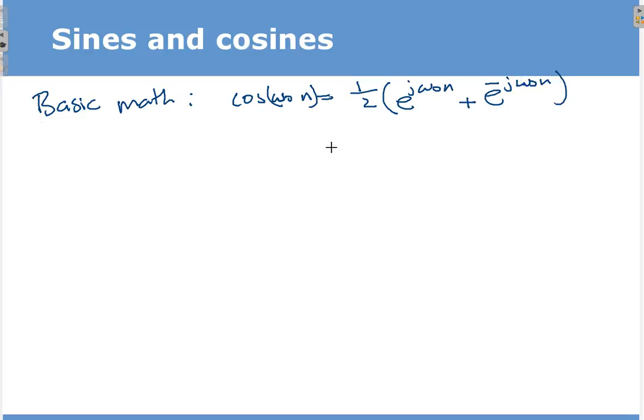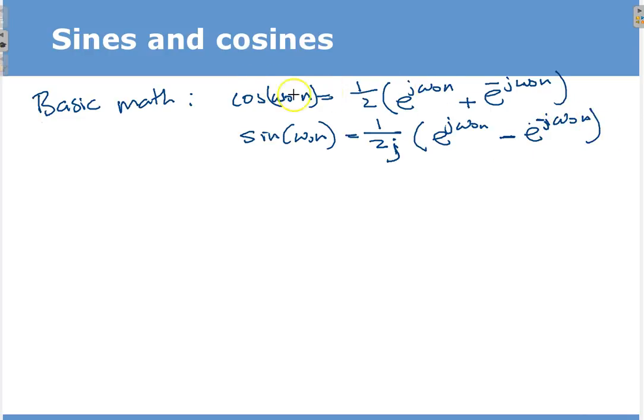And I'm sure you remember that the sine is very similar, but there are two differences: there's a j on the bottom, so it's complex, and there's a minus sign between the two exponentials, e to the j omega naught n minus e to the minus j omega naught n.